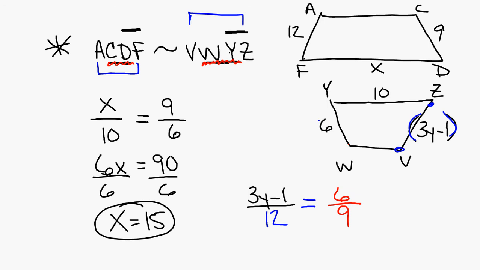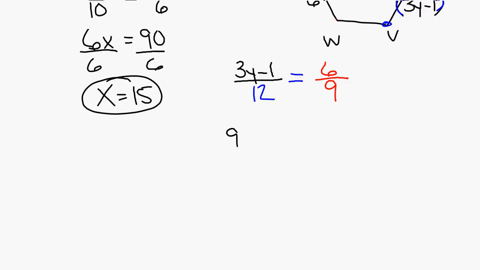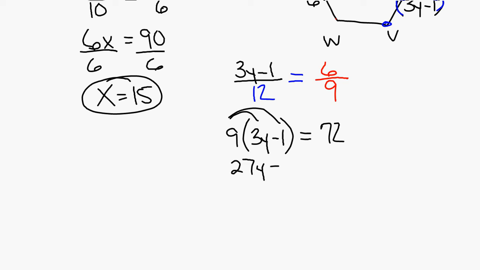So we're going to crisscross multiply. 9 times 3y minus 1 equals 12 times 6, which is 72. Distributive property on the left: 9 times 3y is 27y, minus 9 times 1 is 9, equals 72. Going to add 9 to each side.